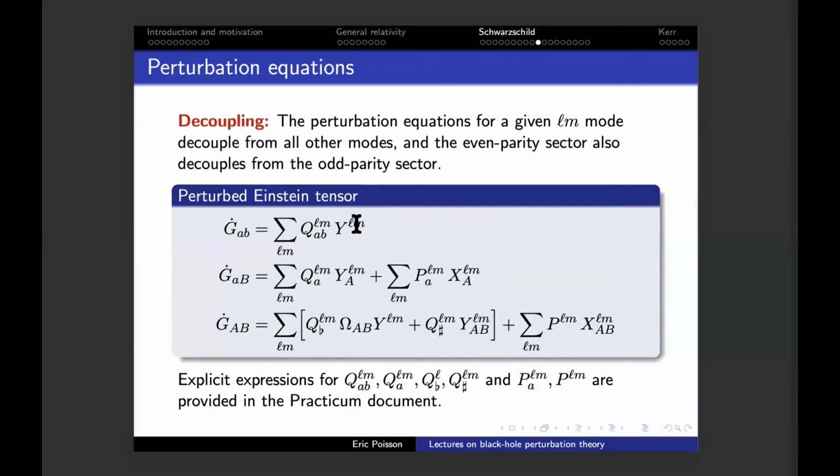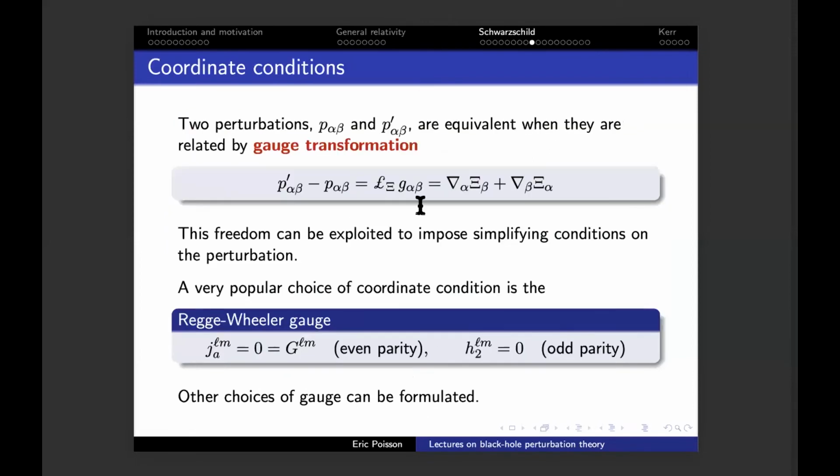Okay, so right, I've talked about the need to impose a gauge condition. So now, remember what we're trying to do here. We're trying to describe the perturbation created by a small body orbiting a black hole. So I'm trying to step forward into this goal.